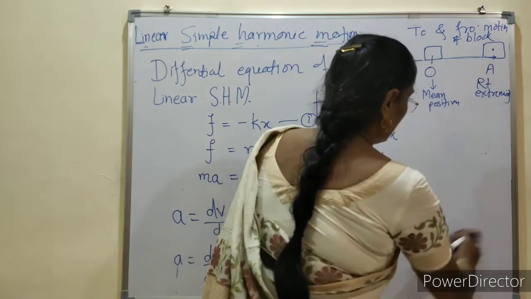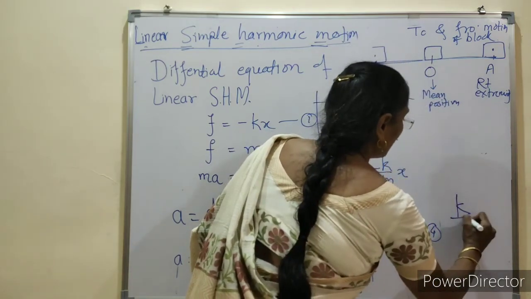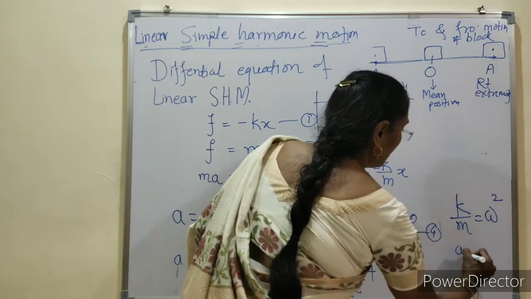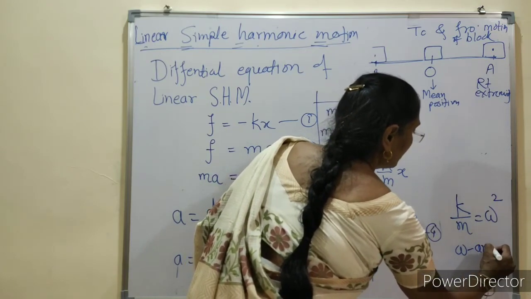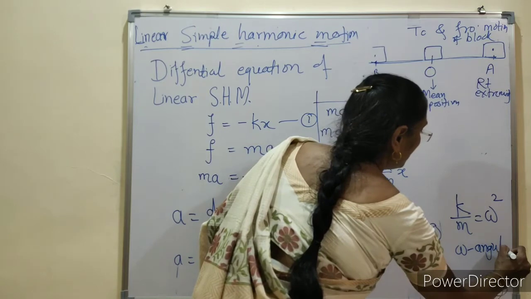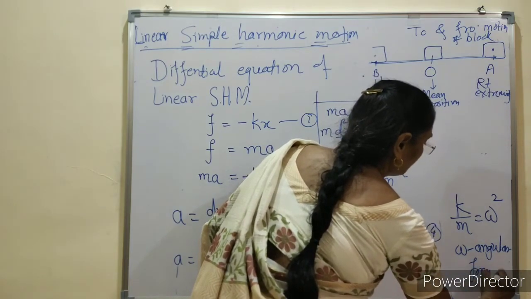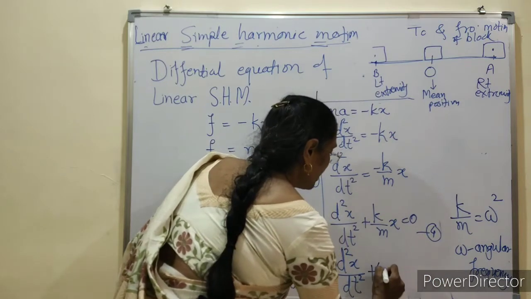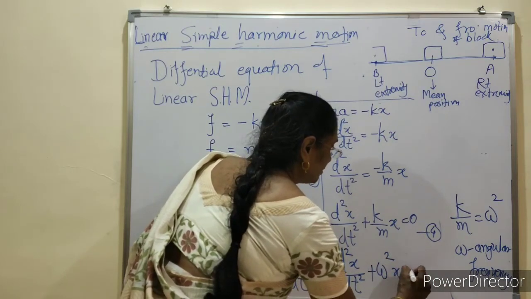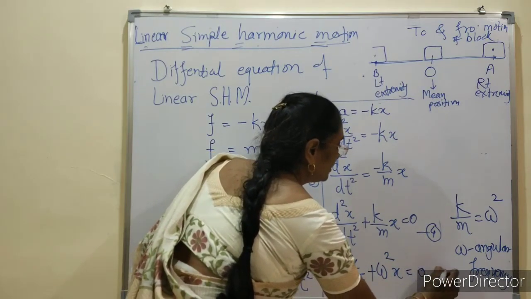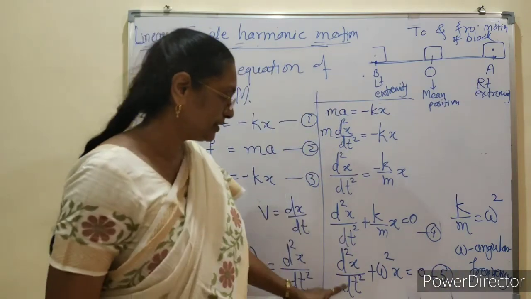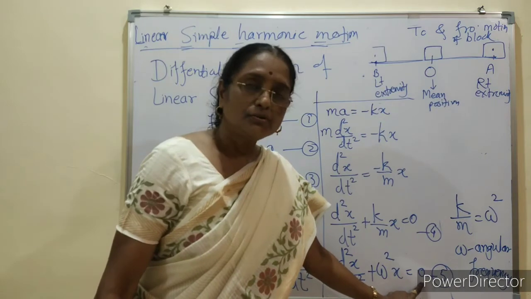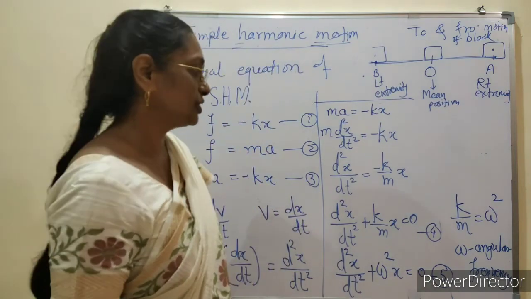For k upon m we substitute omega square, where omega is angular velocity or angular frequency. Here k upon m is equal to omega square. Now substituting that, we get d square x by dt square plus omega square x is equal to 0. This is the fifth equation.